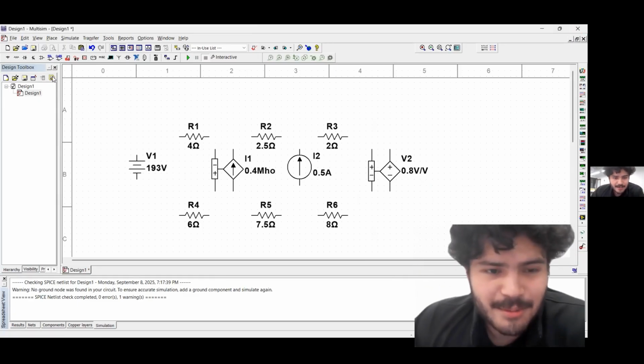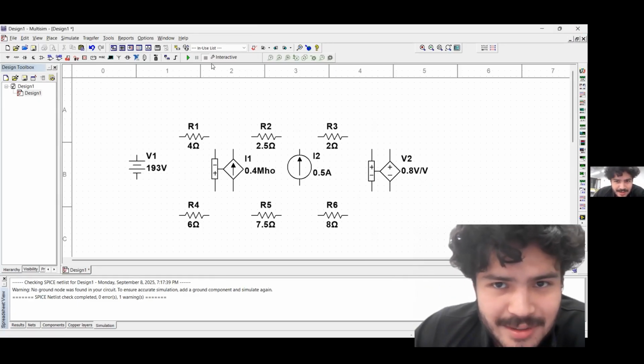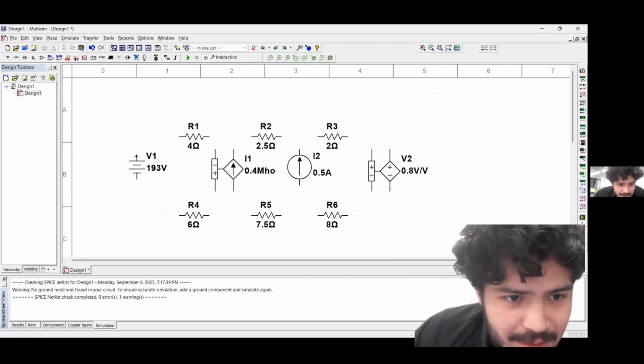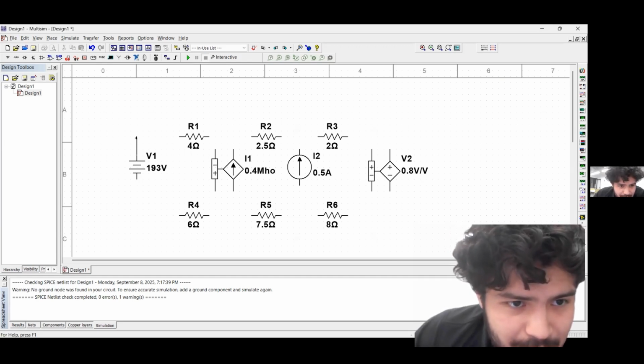Now we're going to connect our circuits through wires. First, we're going to connect all the external part of our circuit like this.